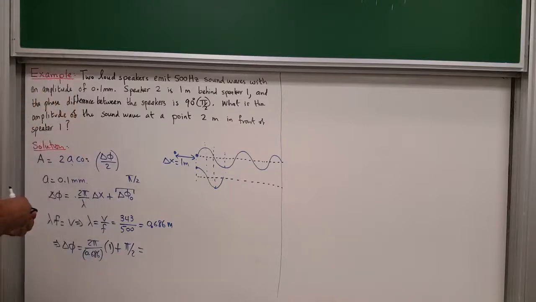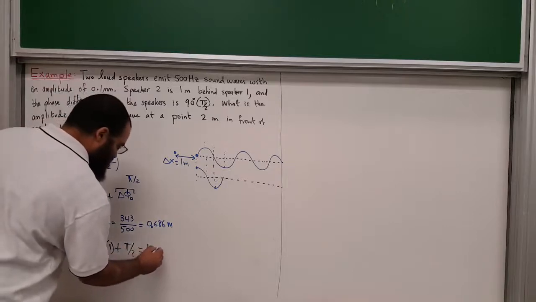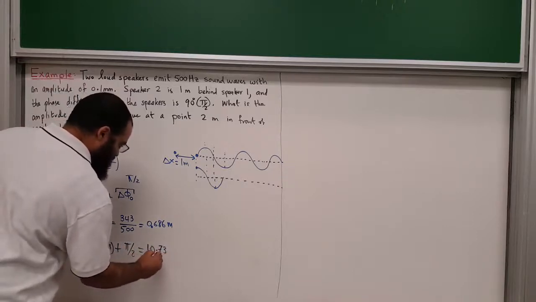We divide 2 pi by it, so 2 times 3.14, and then plus pi over 2. Hope I didn't make any mistakes. I get 10.73 radians.